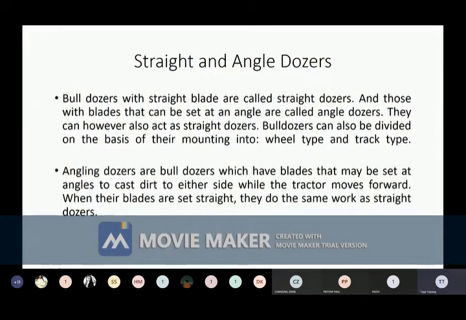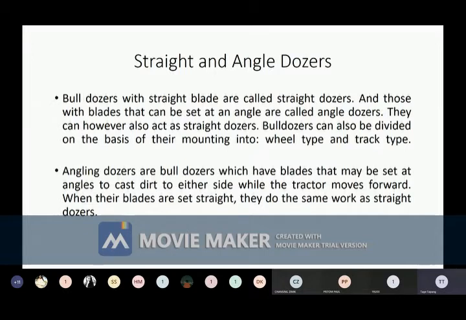Now a dozer may be straight or angle type. Nowadays mostly angle dozers are coming, but earlier this provision or this invention was not available. So at that time only straight dozers were available.